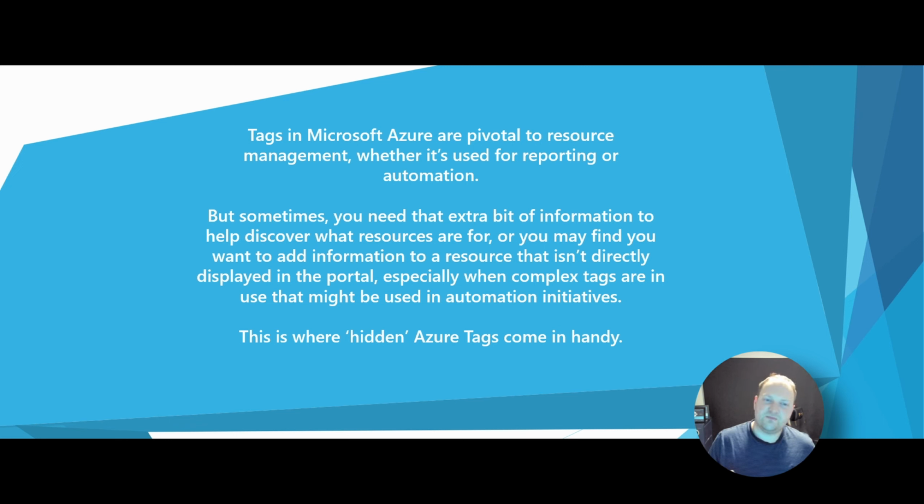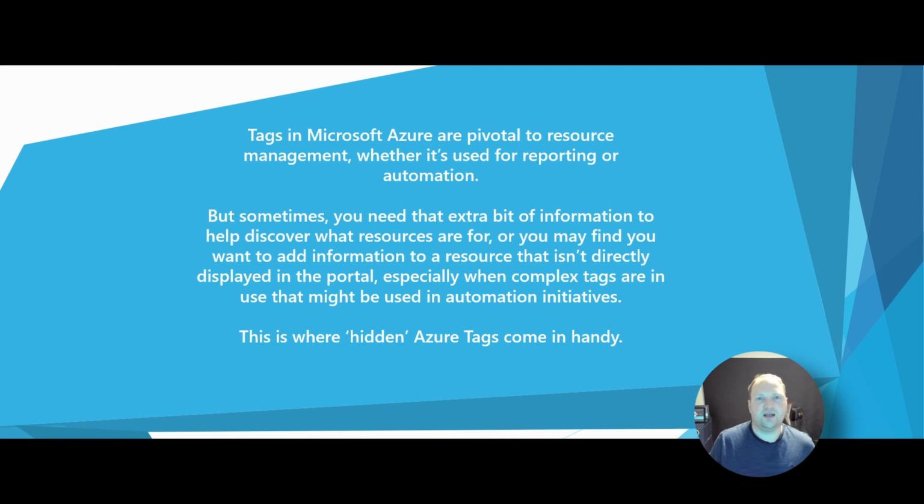Things like that aren't necessarily displayed in the Azure portal, especially when you might want more complex examples or bring that data straight into the Azure portal so people can actually have a look. We'll go through a demo shortly to further explain what I'm talking about.